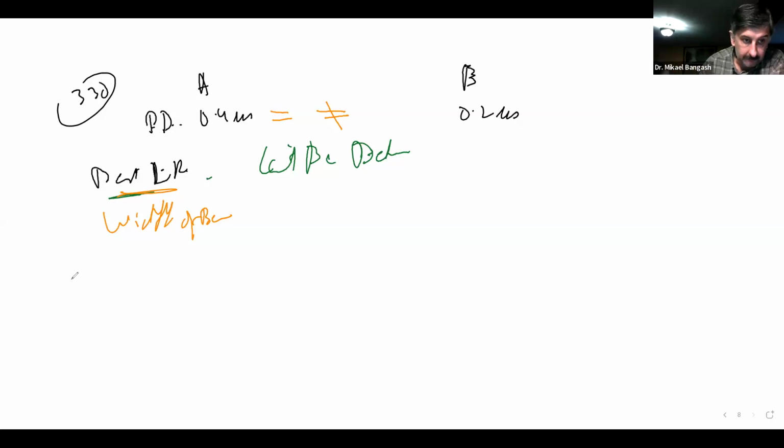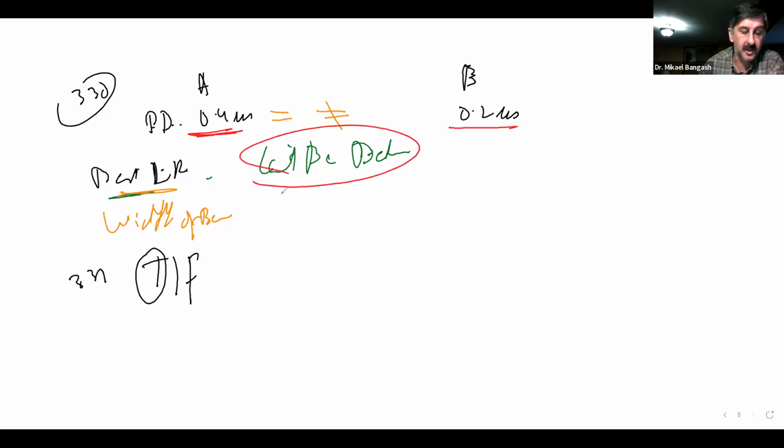Question number 331. It's a matter of being true or false. Now, the pulse duration does not profoundly influence the lateral resolution. And that's where we say true. We just set it up here as well, right? That this value here really can't determine the lateral resolution.